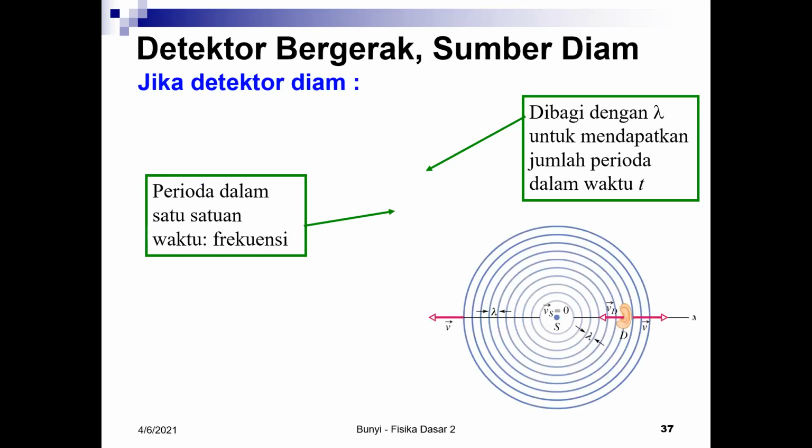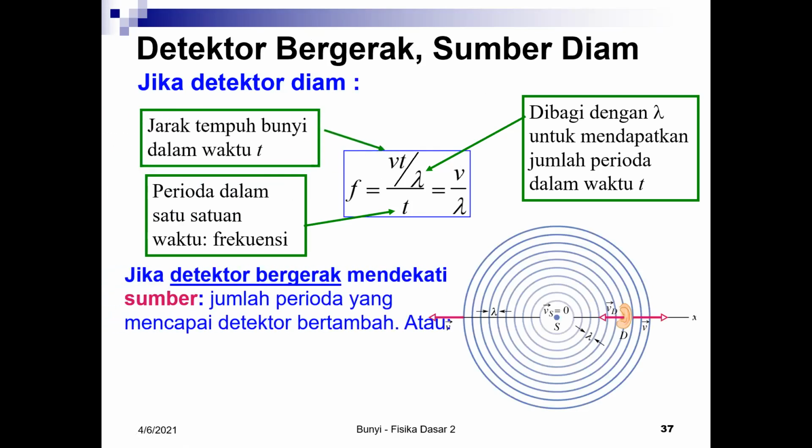So, for example, if the source is at rest but the observer moves towards the source, this is the lambda, the distance between these two fronts, and then we have the propagation speed.